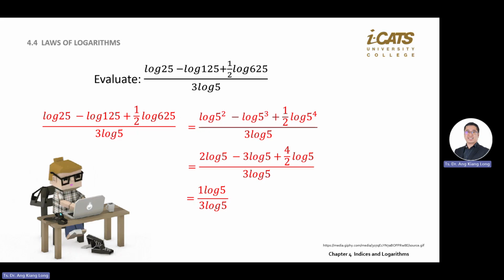Below, 1 is maintained, so maintain the same log. You can pull the log out. It will be 1 over 3 log 5. So this one you can cancel. Okay, this kind of trick we will see in your senior years also.